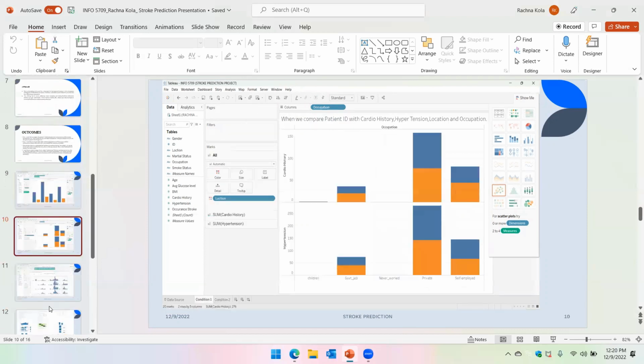And coming to the next comparison, when we compare the heart history, the cardio history, hypertension, location, and occupation that they do, to the surprise, we came to know that the private sector people are the most likely to have a stroke because of the way they work or the way they do things and so on.